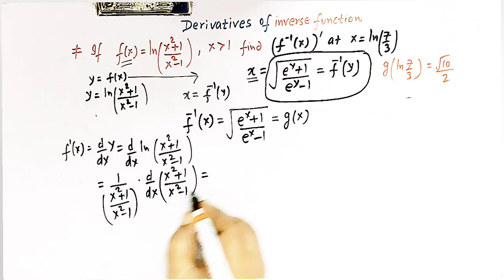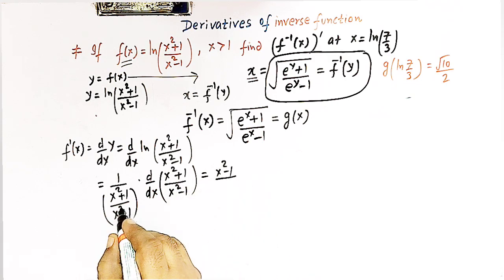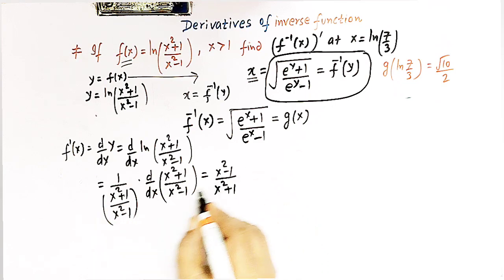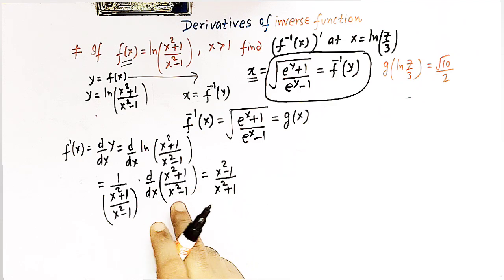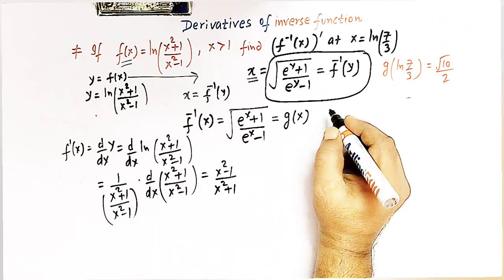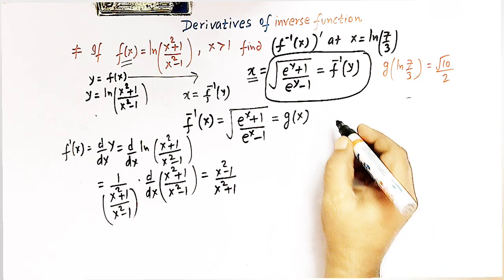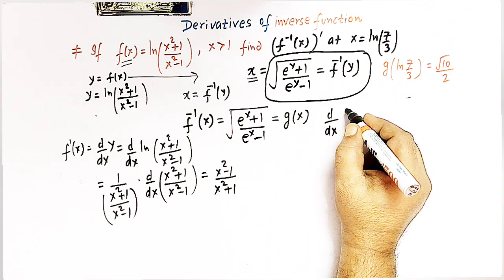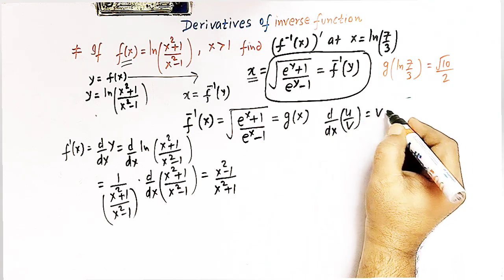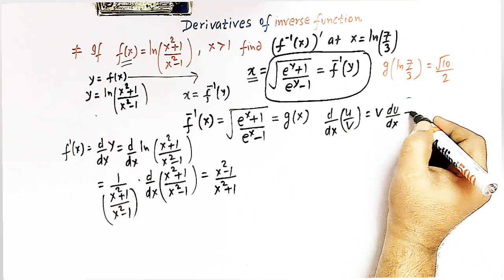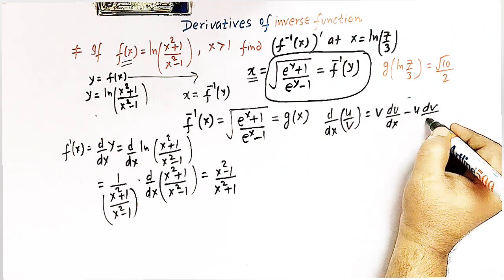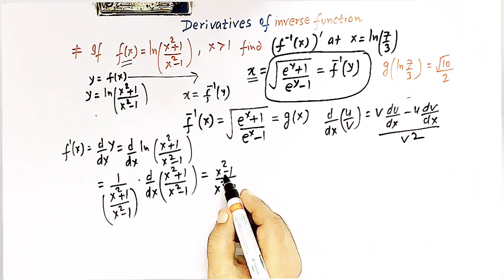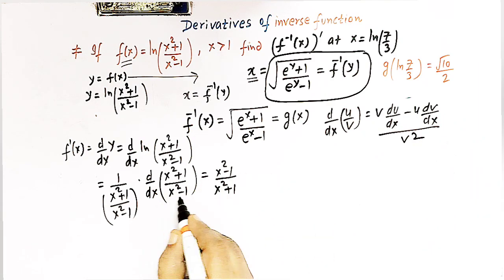So now we can write x square minus 1, taking x square minus 1 to the numerator, and here we have x square plus 1, and to get the derivative of this function we have to make use of the quotient rule, that is d by dx of u over v is v du over dx minus u dv over dx, divided by v square. So u is x square plus 1 and v is x square minus 1.